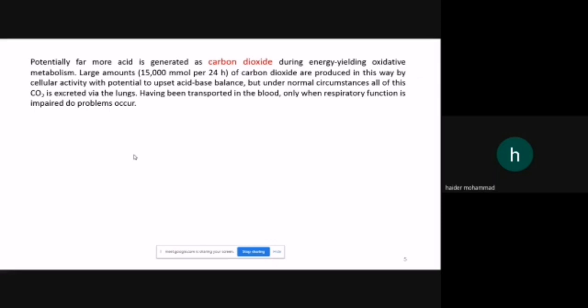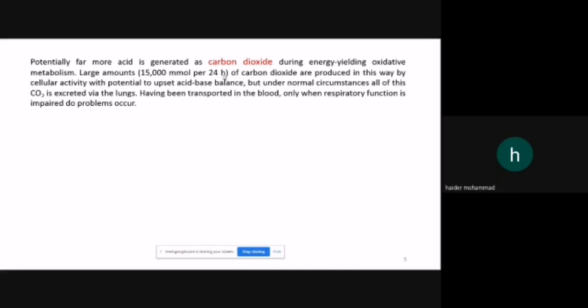We have another source for the hydrogen ions, or let us say for the acid, which is carbon dioxide. Carbon dioxide is produced normally, about 15,000 millimole per day.